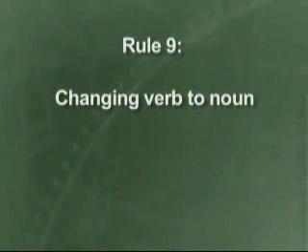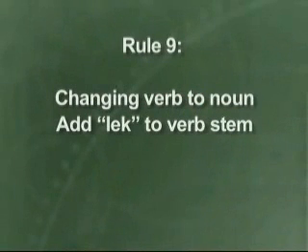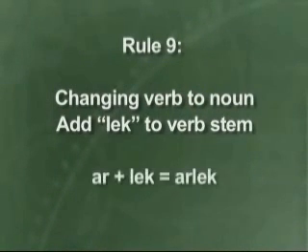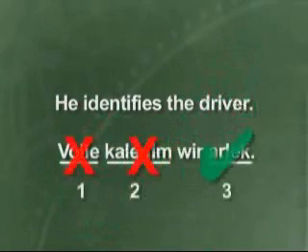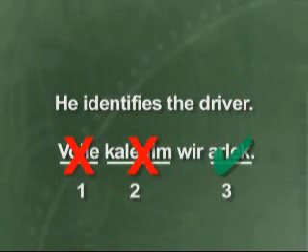To change a verb to a noun, add lek to the verb stem. Add lek to the verb stem are and make the word Arlek. In English, we would add er to the stem drive to get driver. That makes the form of the third word in the sentence correct.